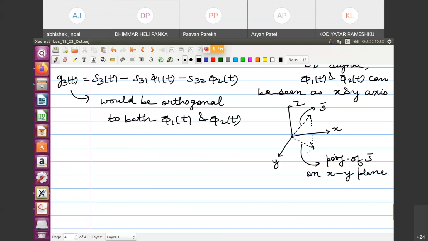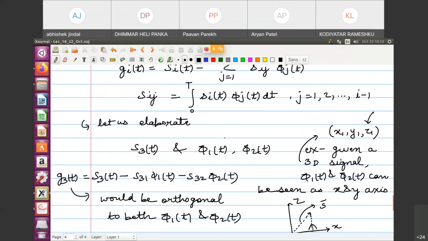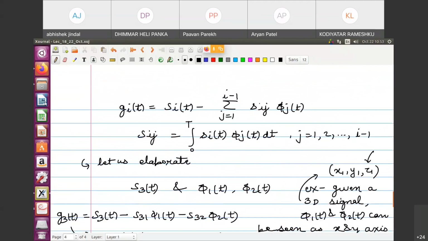How do you do that? You simply project S onto x, onto y, add both of them, and you will get this. Now this vector which we have written would be orthogonal to this whole plane. So that is what we do. Now we have to visualize this thing in n-dimensional space, and that is what we have done here.